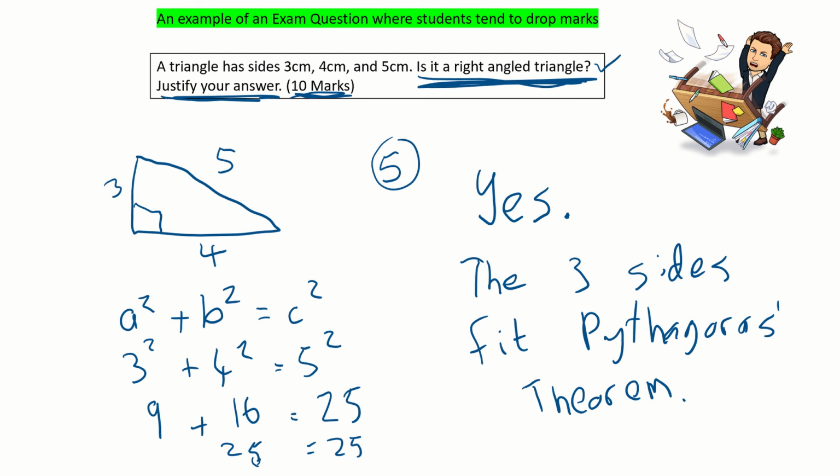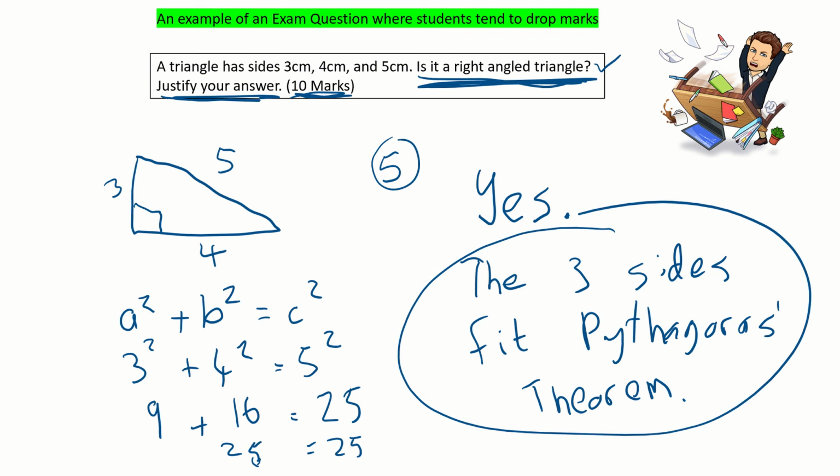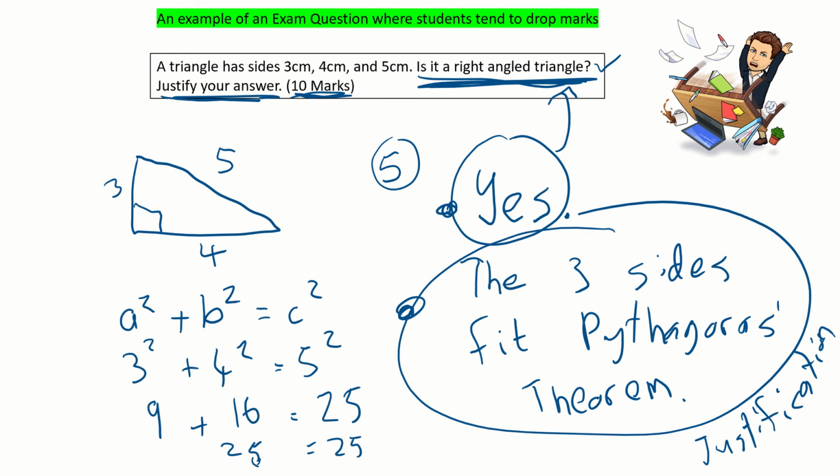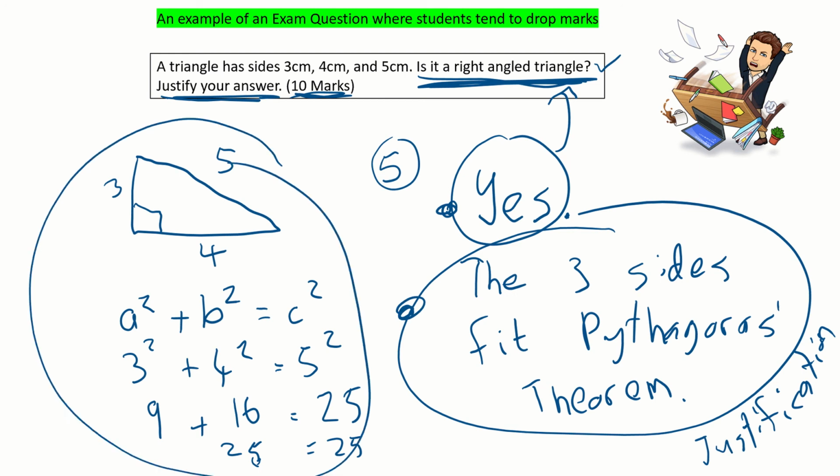But anything along the lines of the 3 sides fit Pythagoras' theorem, that right there is your justification. This right here is answering that part of the question, and this right here is your working out. So between this part here, and this part here, you've gotten your full marks.